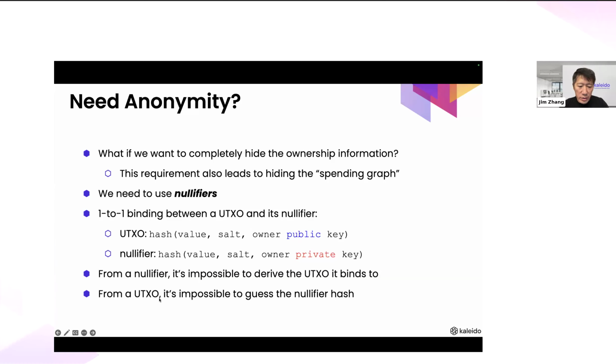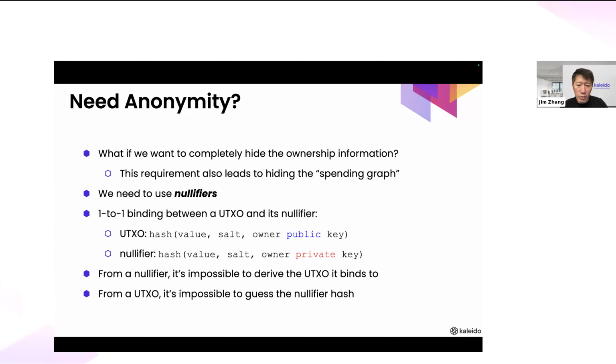Given a UTXO, it's impossible to guess what the nullifier hash should be unless you have the secret information, and vice versa. Given a nullifier, you have no idea which UTXO it's bound to. So the specific design for the nullifier is we replace the public key from the pre-image with the private key. So between the two, we have accomplished the requirement for the nullifier.